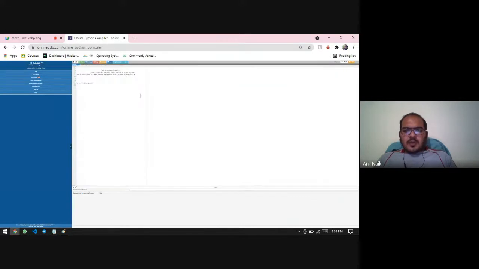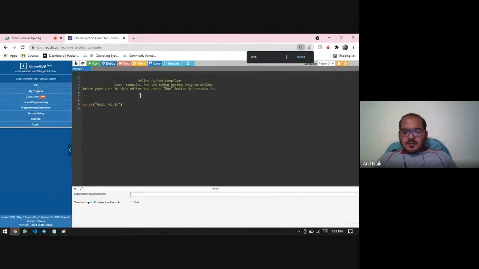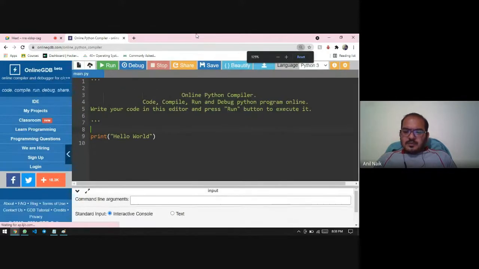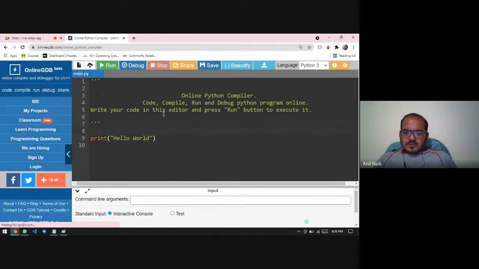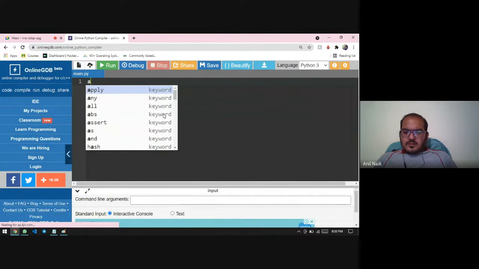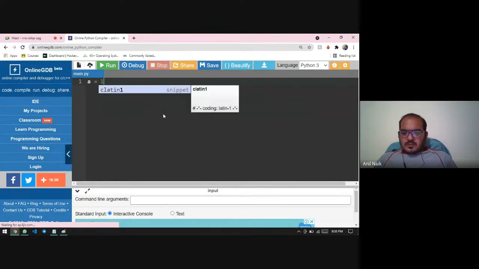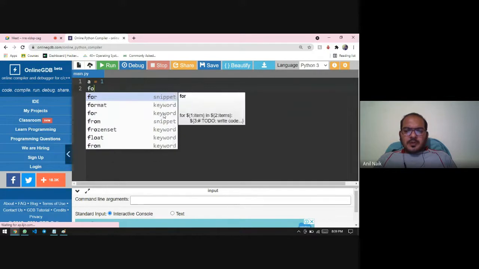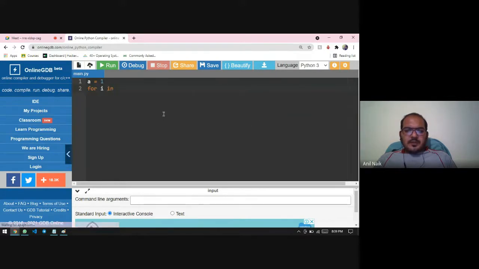Can you write a program to generate that pattern? Before that, just write the pattern in Paint, if possible.